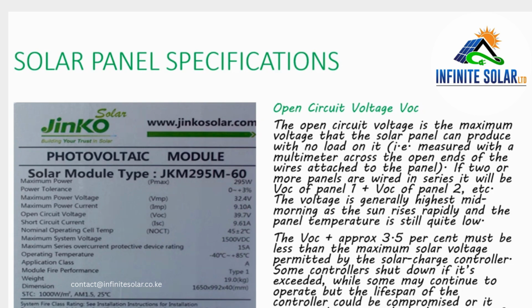If you exceed this, some charge controllers will shut down, while others may continue to operate, but the lifespan of that charge controller will be compromised, or it may result in immediate destruction of the device. So the VOC is very important when we are designing charge controllers, a factor we shall consider later when we are discussing design and charge controllers.